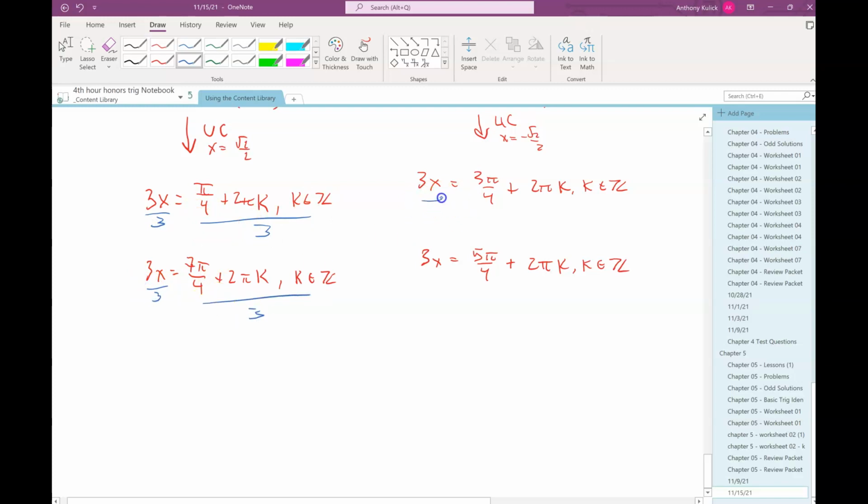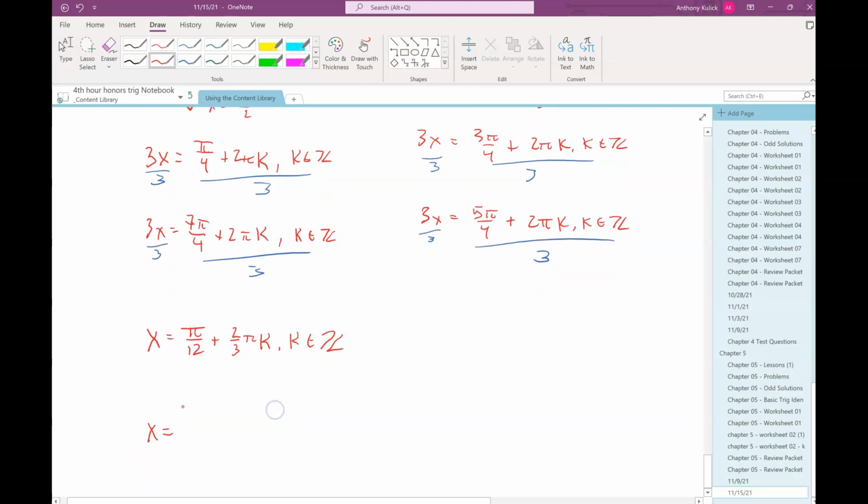I'm really going to think about it as multiplying by 1/3 personally, but now, I acknowledge right away that I wrote 3 pi over 12, and that can reduce.